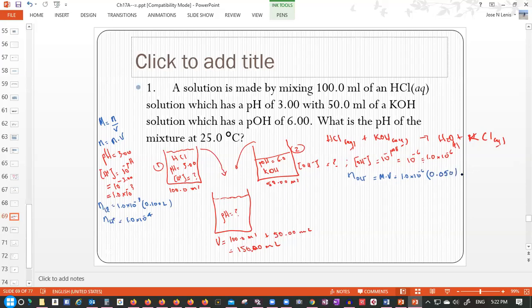So 1 times 10 to the negative 6 times 0.05, and you get 5 times 10 to the negative 8.